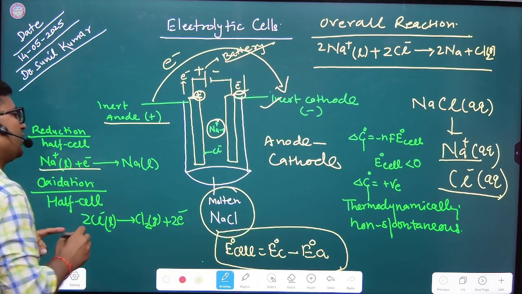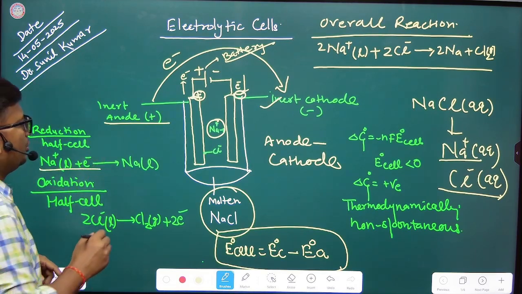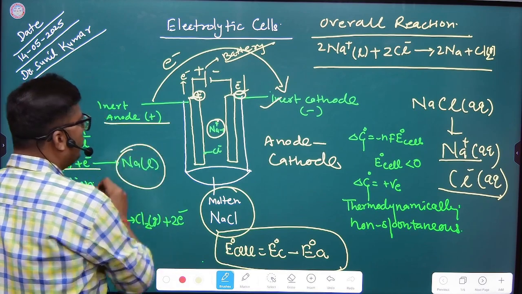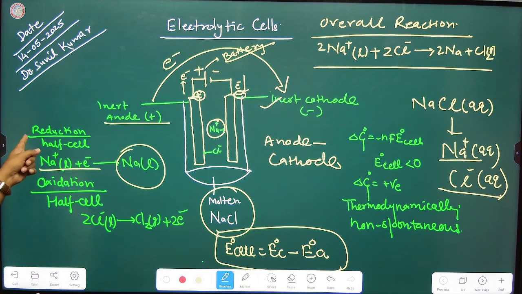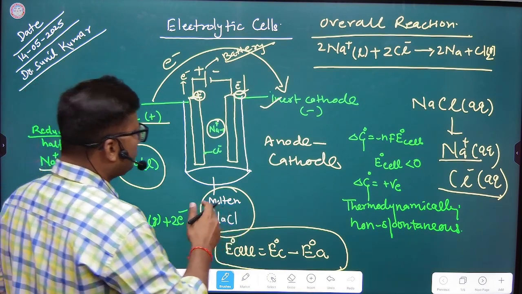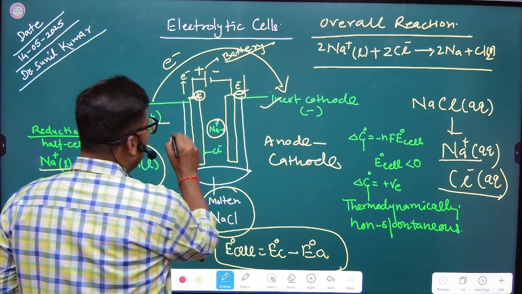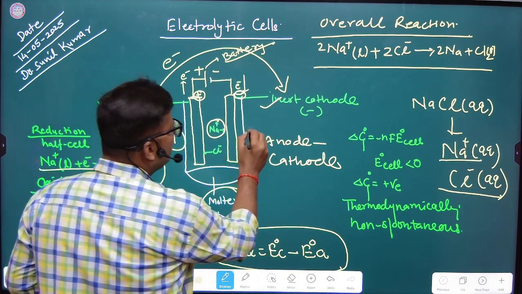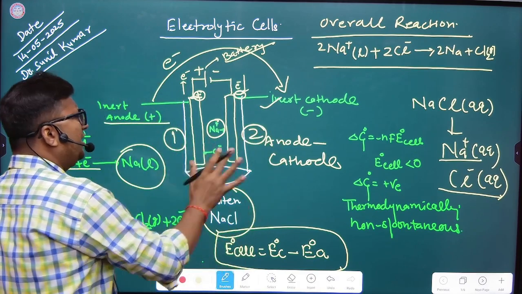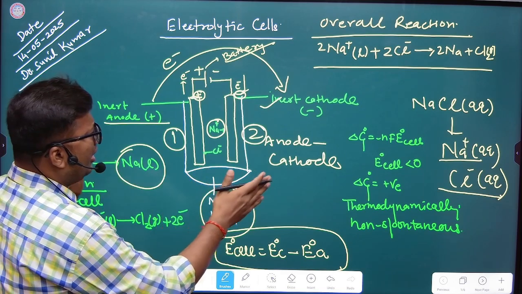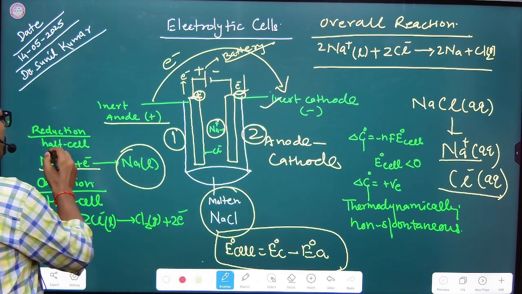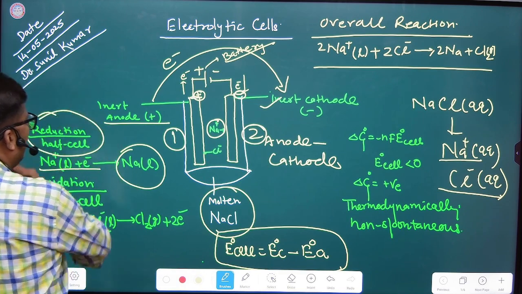So it is converted back to pure liquid sodium. So this is the reduction half cell, or you can simply say at the cathode there is a reduction reaction.